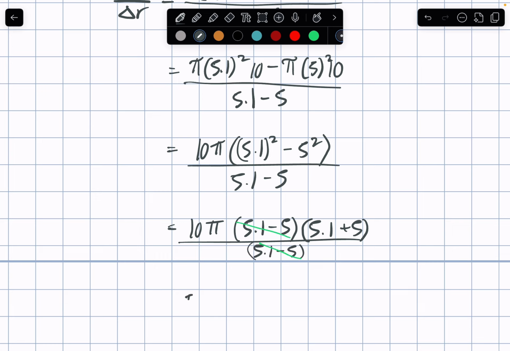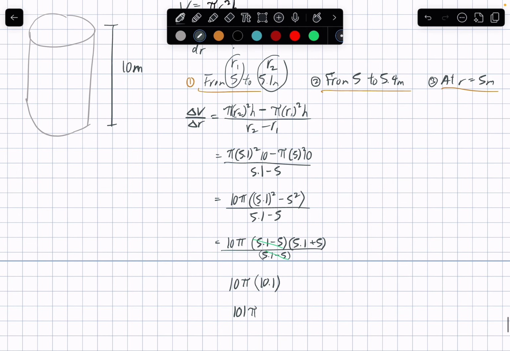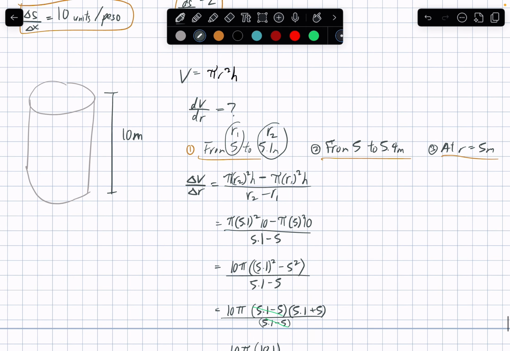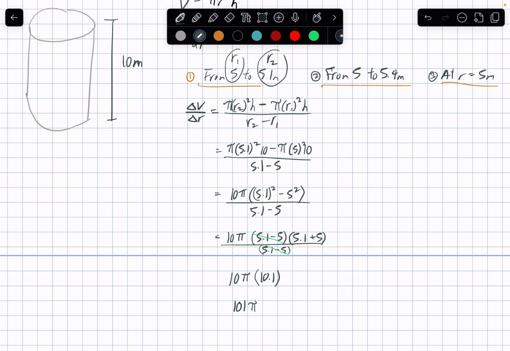So we can cancel, as you can see. So 10 pi times quantity 5, let's just make this 10.1. 10.1 times 10 is going to be 101. So this is our answer for the first part.